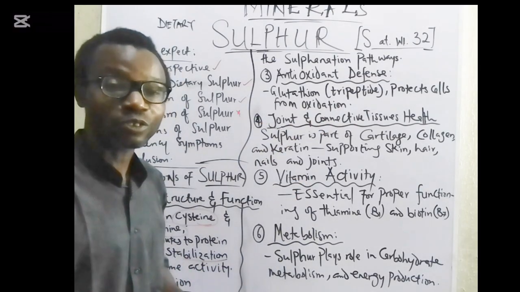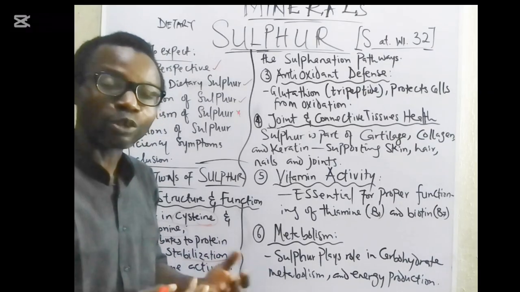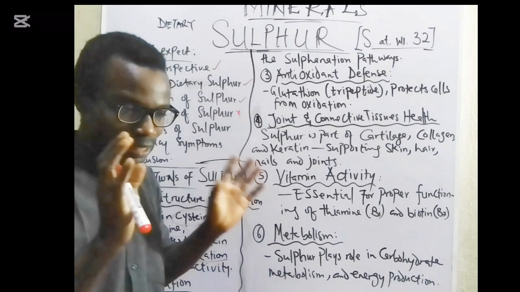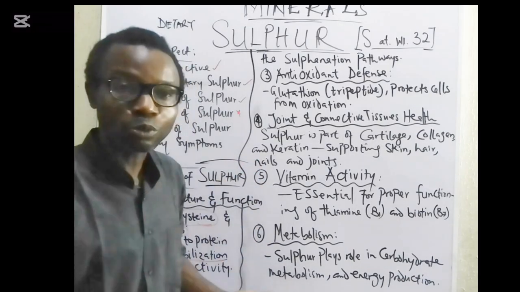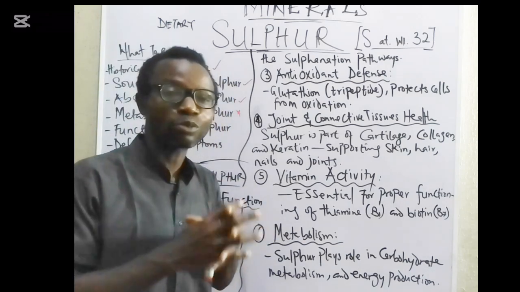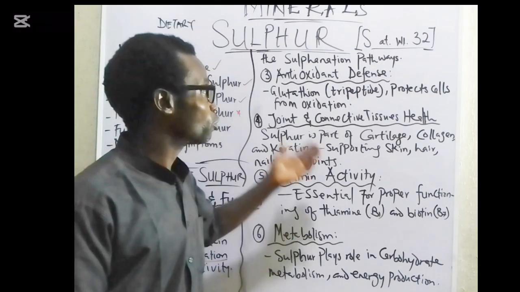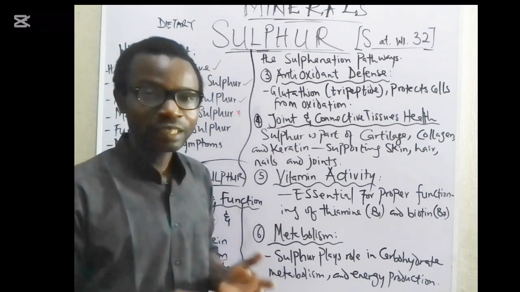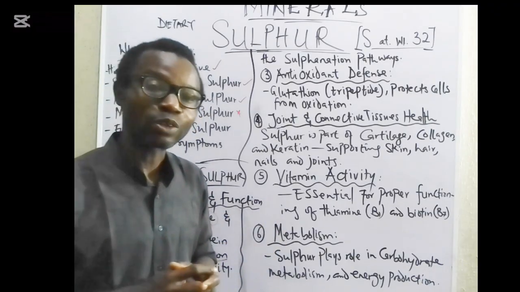When the cell begins to get oxidized, it's not far from developing cancer, being exposed to certain behavior that is not part of the original function, in which case we begin to talk about cancer cells. But when you have cells being prevented from being oxidized, they maintain their structural integrity, and sulfur ensures that.